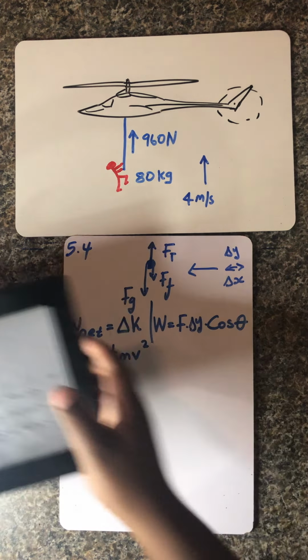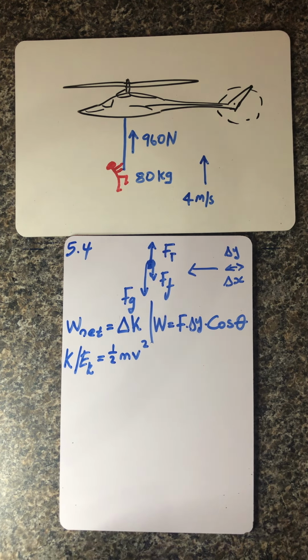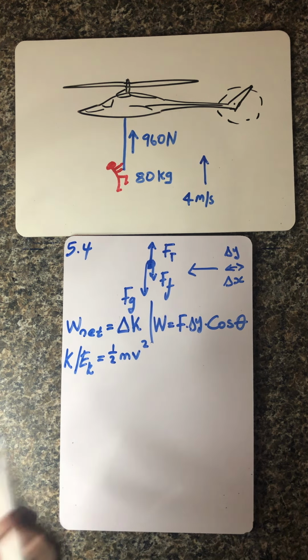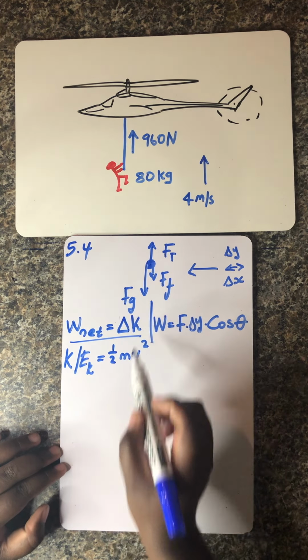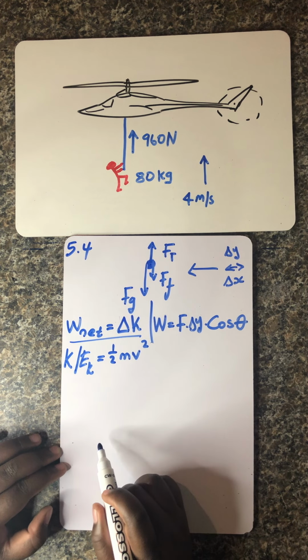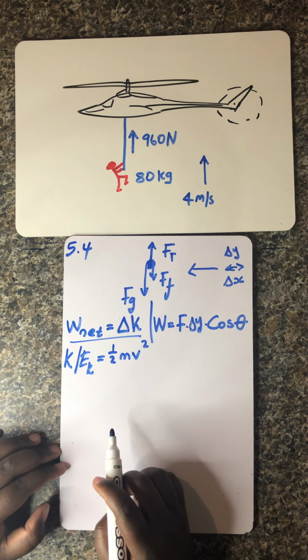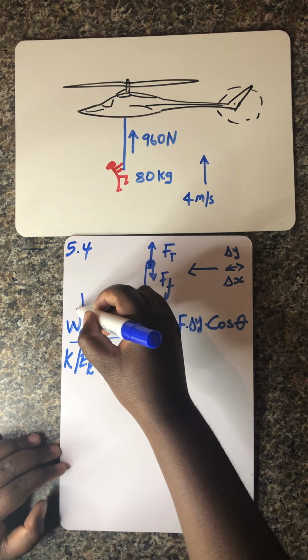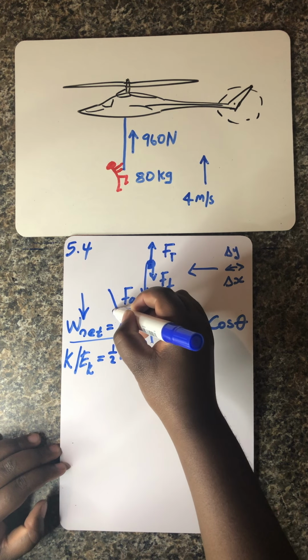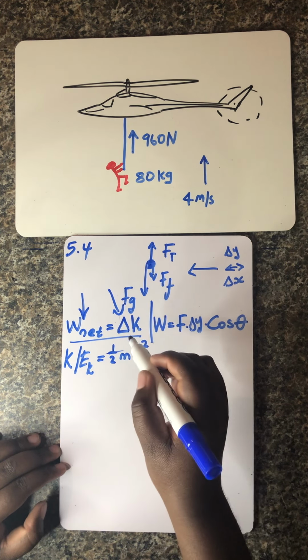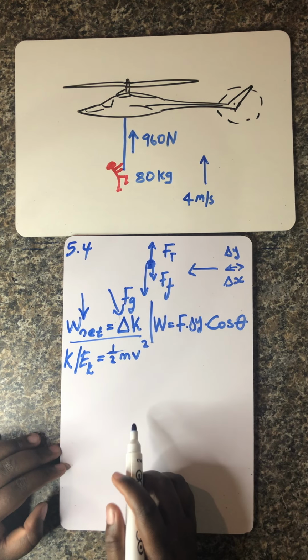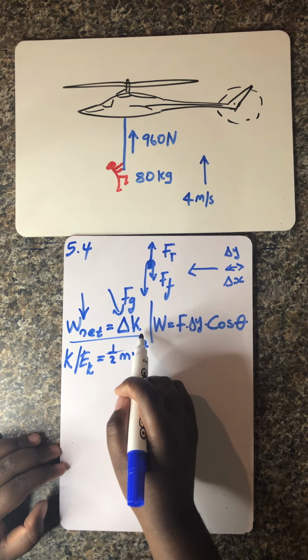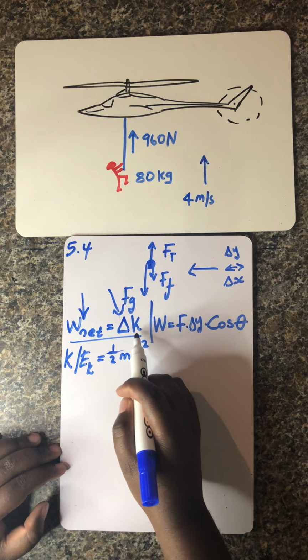Okay, so ladies and gentlemen, let's now write our formula, which is the work net. Remember, they said use the work energy theorem. So this is work, this is energy, combined is the work energy theorem. That's why we equate the work and the energy.